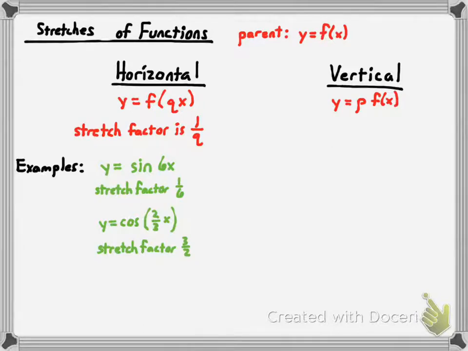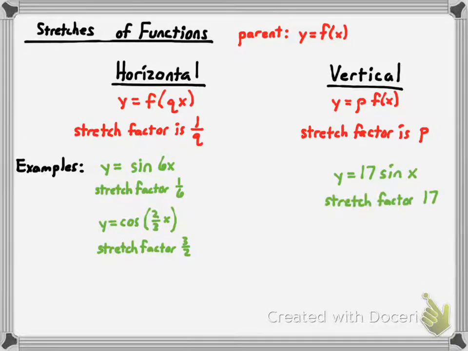So p could be any constant value, and the stretch factor for multiplying the output f of x by a constant p is p. A quick example of a sine or cosine that would be a vertical stretch is y equals 17 sine x, which would have a stretch factor of 17.